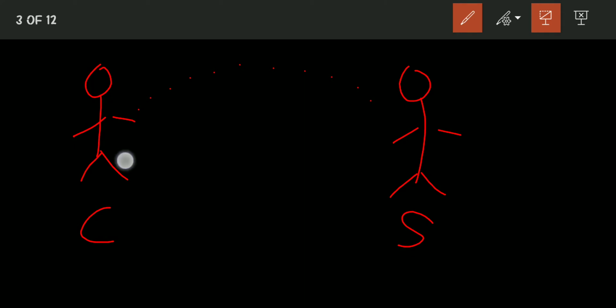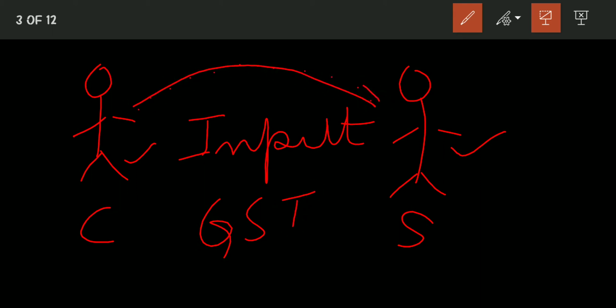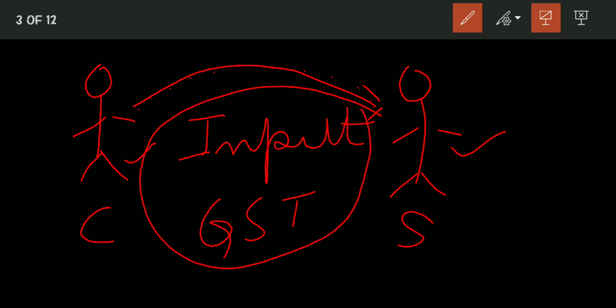Suppose you are the customer and you purchased from the seller, then you pay input GST. When a person purchases goods and pays GST on the purchased goods, that is called input GST.